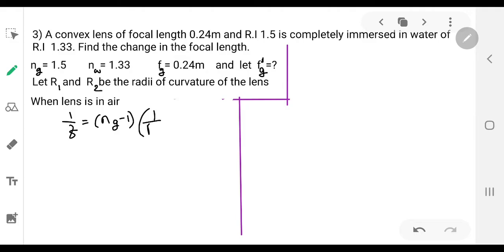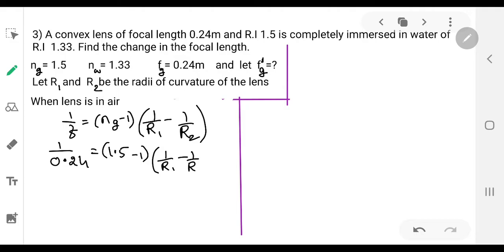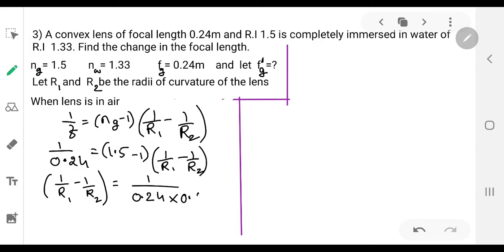Substitute the values: 1/0.24 = (1.5 - 1)(1/R1 - 1/R2). So 1/R1 - 1/R2 = 1/(0.24 × 0.5). Let this be equation 1.